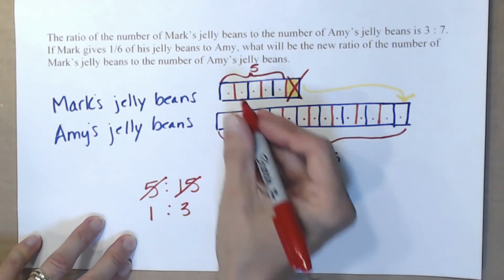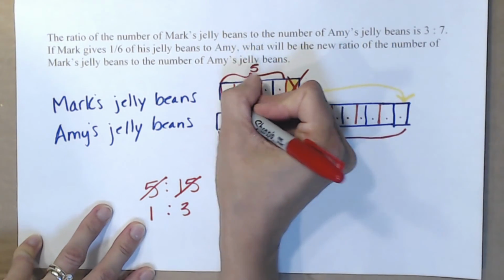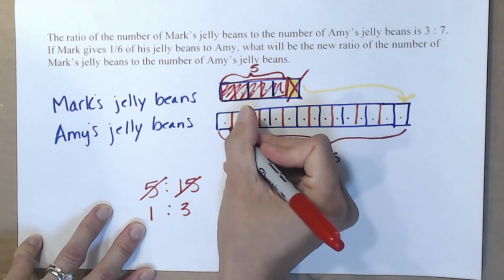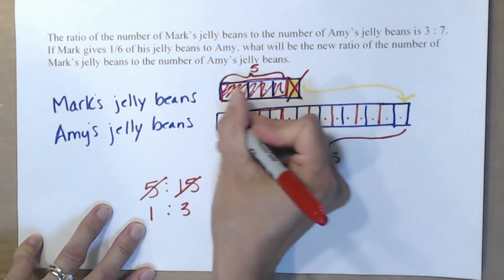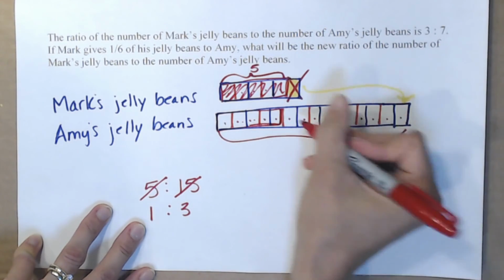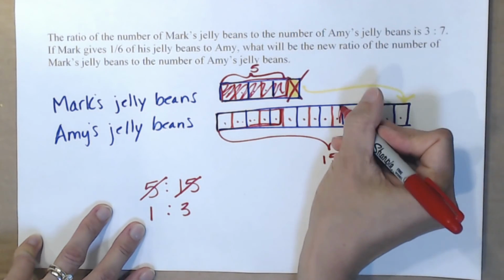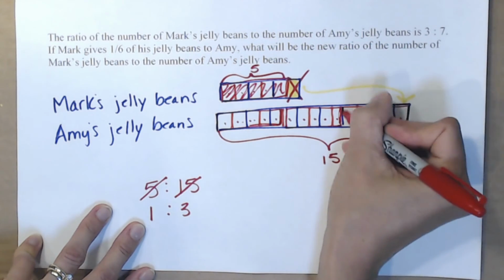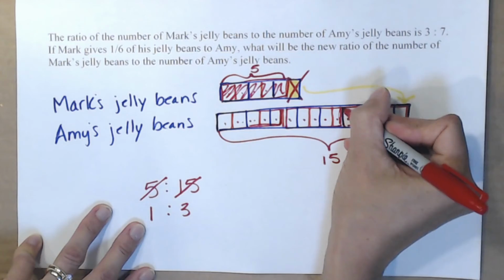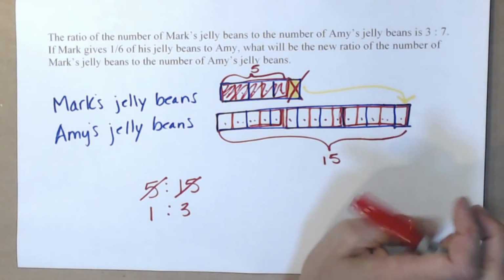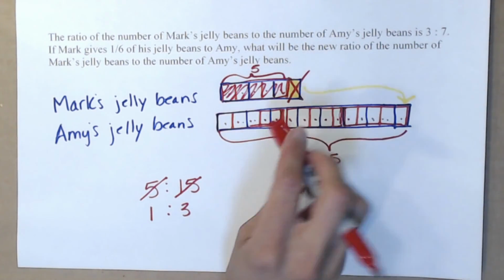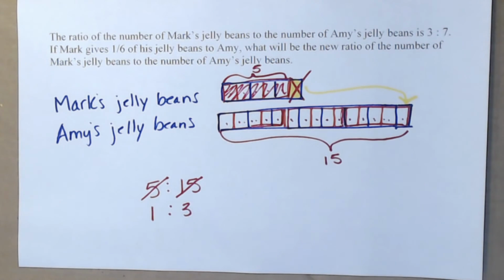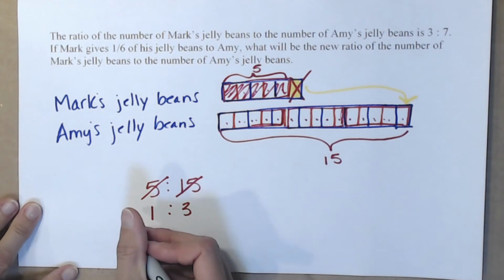And you could see if we combine every 5 up here, like combine these 5 into 1, and then 1, 2, 3, 4, 5, this becomes 1. 1, 2, 3, 4, 5, this becomes 1. So when we combine every 5 to make a bigger part, we get that ratio of 1 to 3. So the answer is 1 to 3.